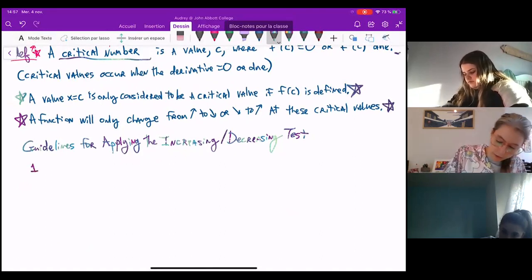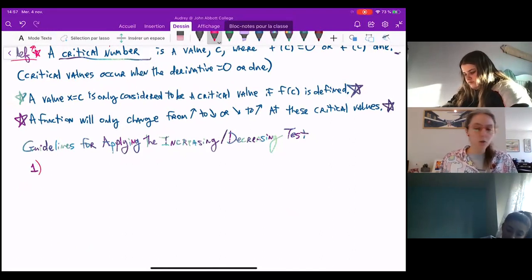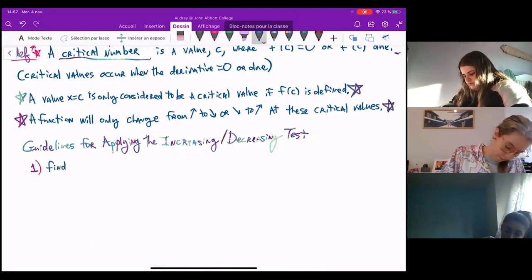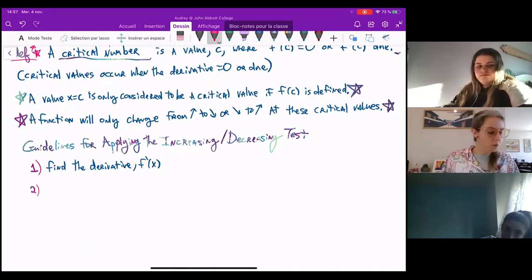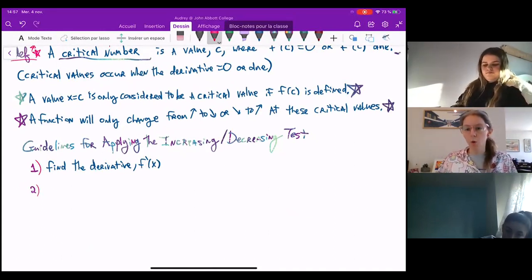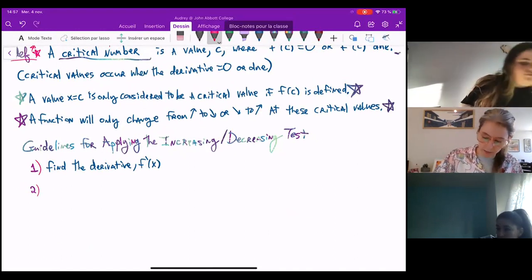So the first thing that I want to do is find the derivative of f. And the second thing that I'm going to want to do is find the critical values. So find the values where f prime of x equals 0 or f prime of x does not exist.